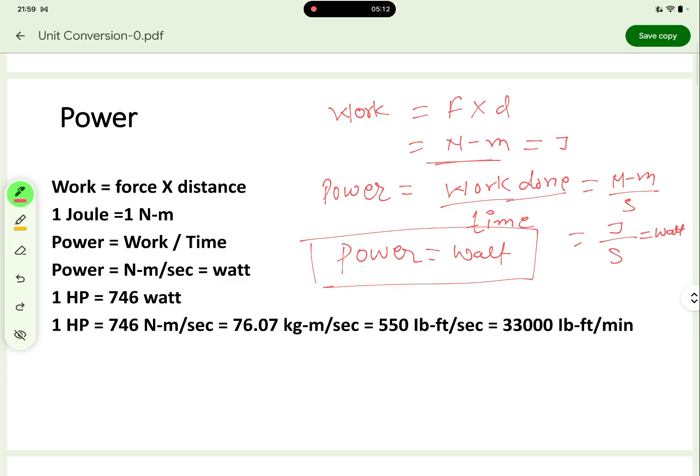How this comes about, if you know the basic physics behind it: force is equal to mg, right? Force equals mg from Newton's second law, and this mg can be written as kg, and this g can be written as meter per second square.